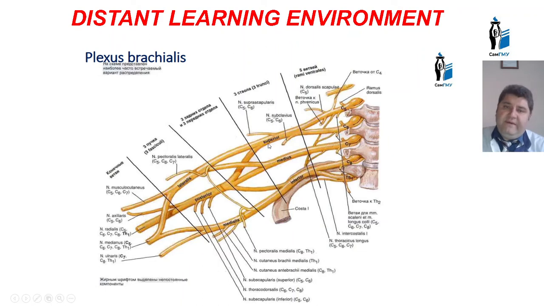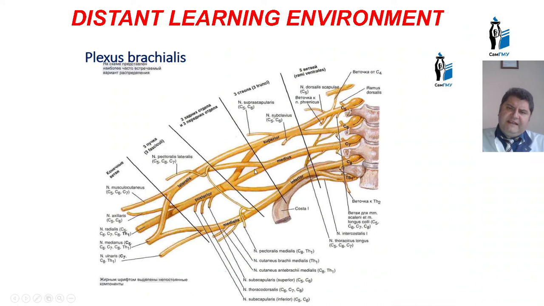And the connections between these trunks, over the artery, which is absent here in this picture, form the divisions. Three anterior divisions and three posterior divisions. You may see them here over the axillary artery, and next these divisions, anterior and posterior, form the fasciculi.